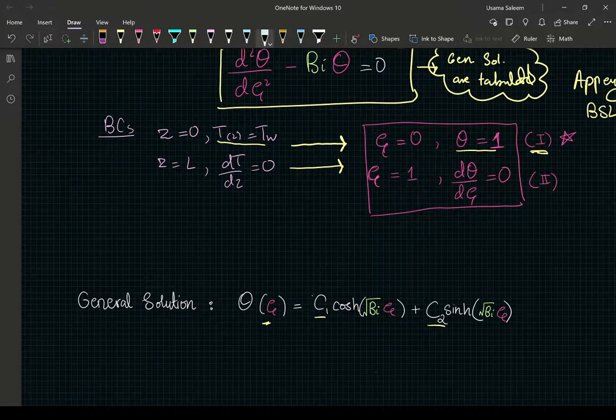Let's put that right here. Theta is equal to 1. Let's see what this becomes. Actually, let's walk through this.